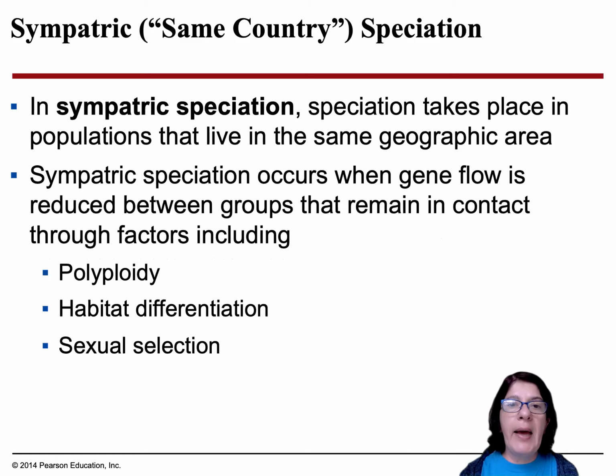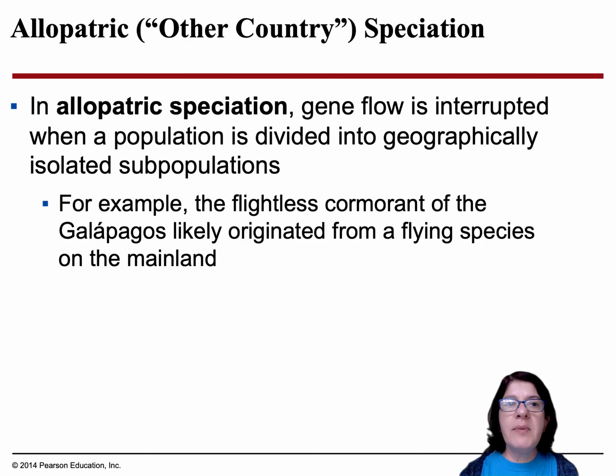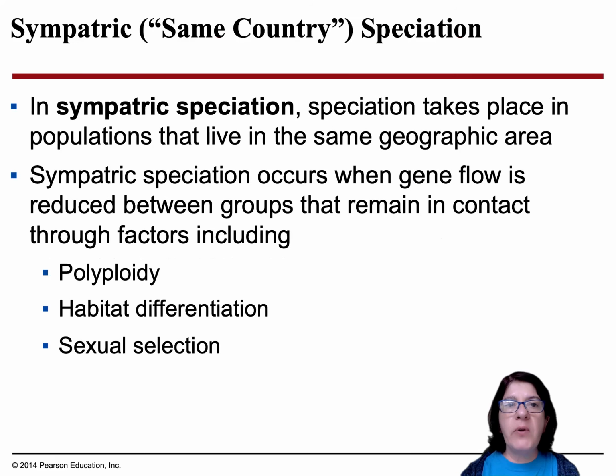In sympatric speciation, and you're going to remember the terms like this: allopatric is another country, or alien, AL. Sympatric is same country. In sympatric speciation, speciation takes place in populations that live in the same geographic area.